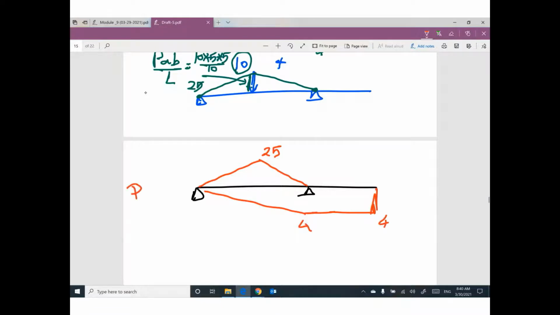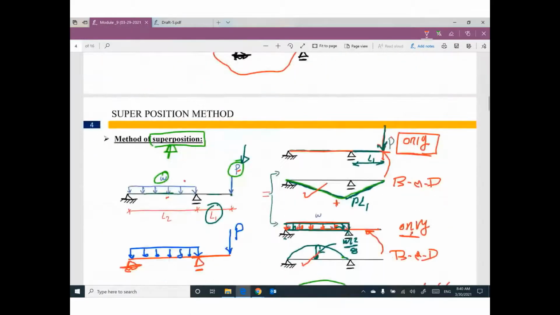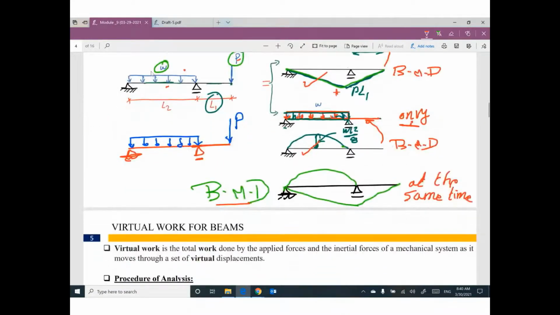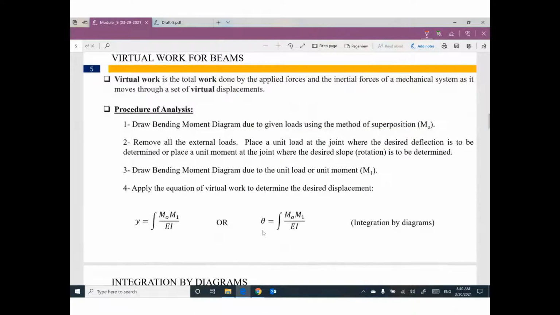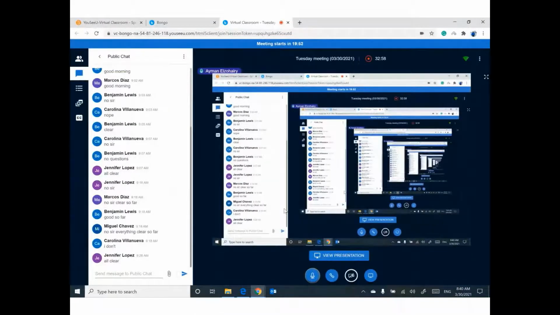Here is the bending moment diagram with a method called the superposition method. Do you have any questions so far? If you have any questions, let me know.